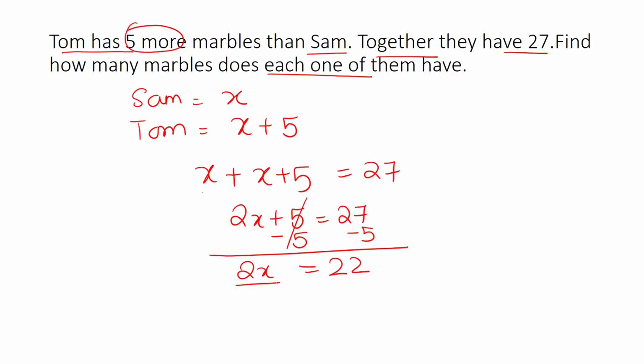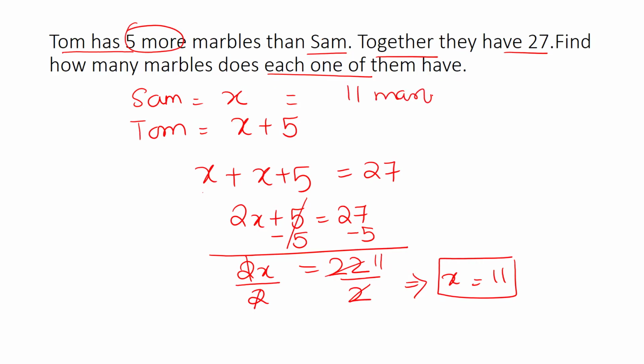Then we divide both sides by 2 to get rid of this 2. How many times will 2 go into 22? Clearly 11. So x equals 11. Sam has 11 marbles, and Tom has 11 plus 5, which is 16 marbles.